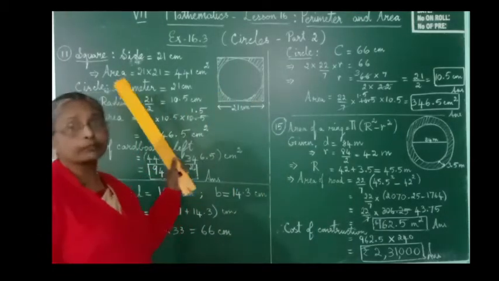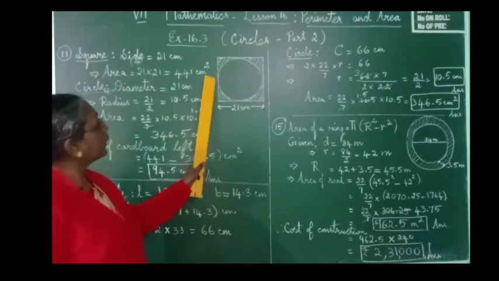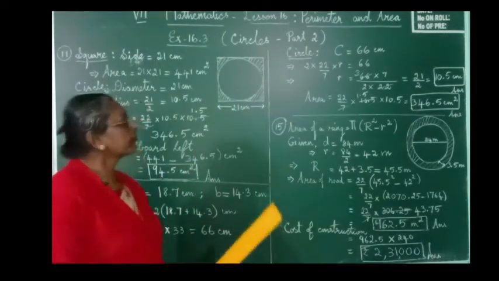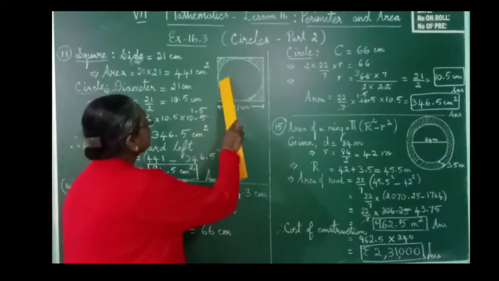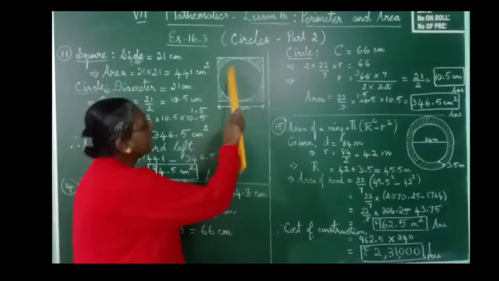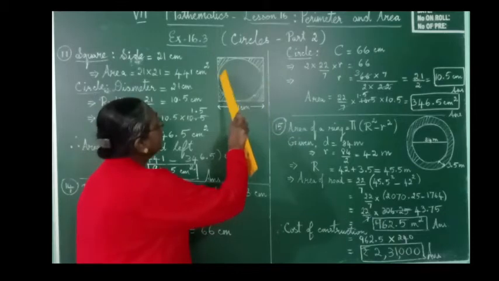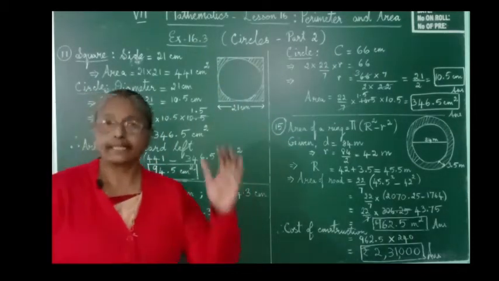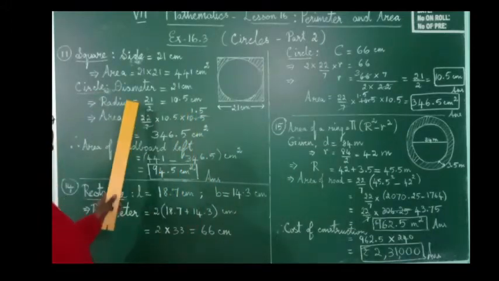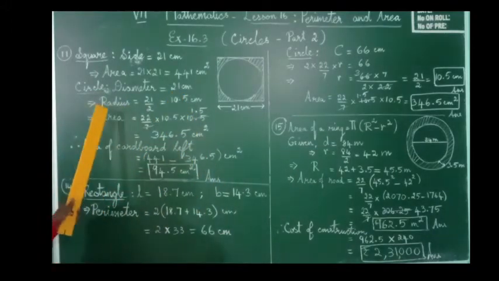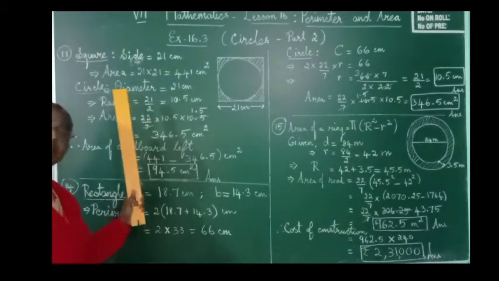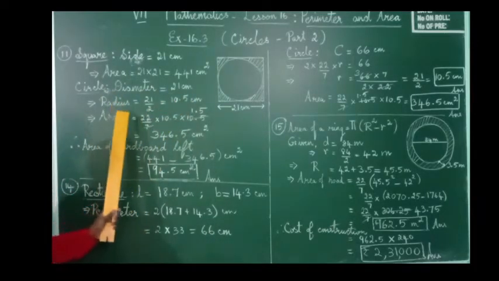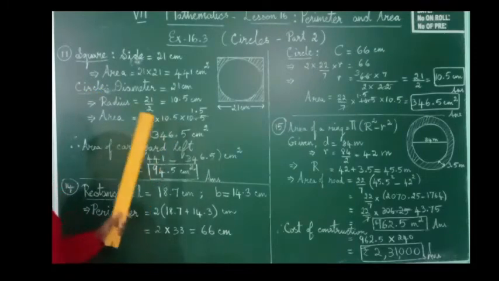The diameter of the circle will be equal to the length of the side of the square because this will be touching the end and this also will be touching the end, and we know the longest chord inside the circle is the diameter. So, the diameter of the circle will be 21 centimeters and radius will be 21 by 2. So, we have 10.5 centimeter to be the radius of the circle.